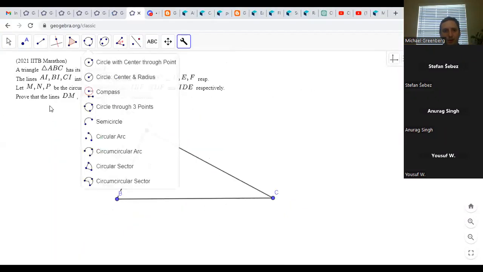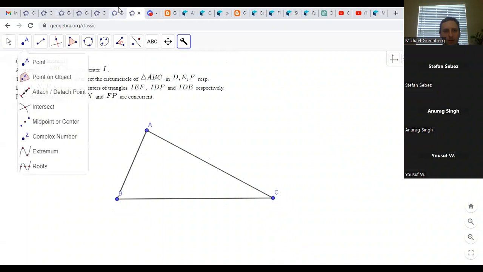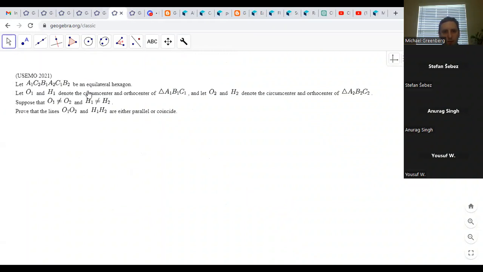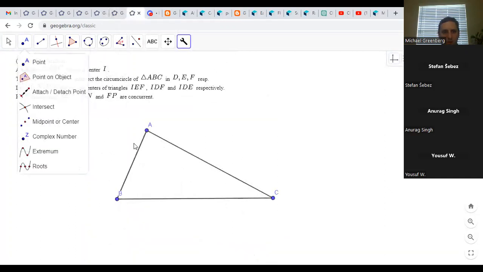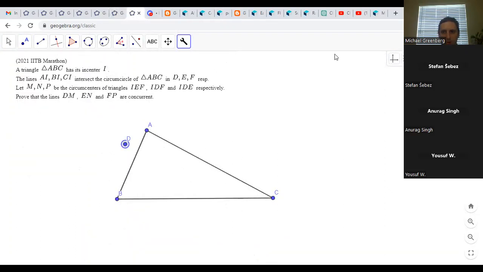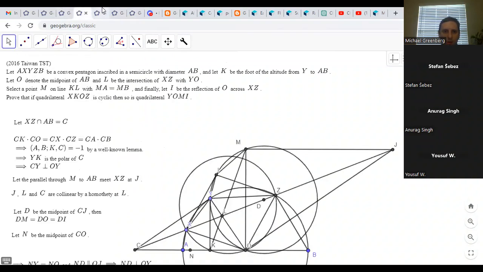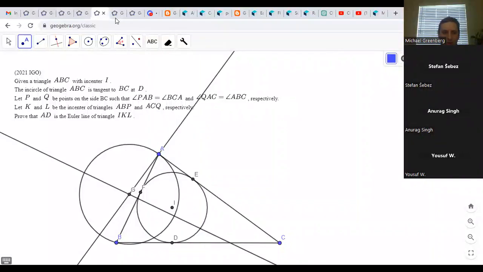It doesn't look hard. But the other one with the radical center. Okay. But yeah, it's better to just do an easier problem. So not the radical center, not the IGO.